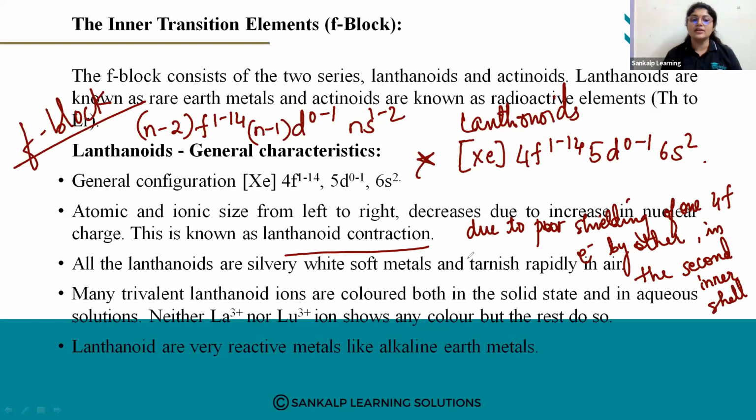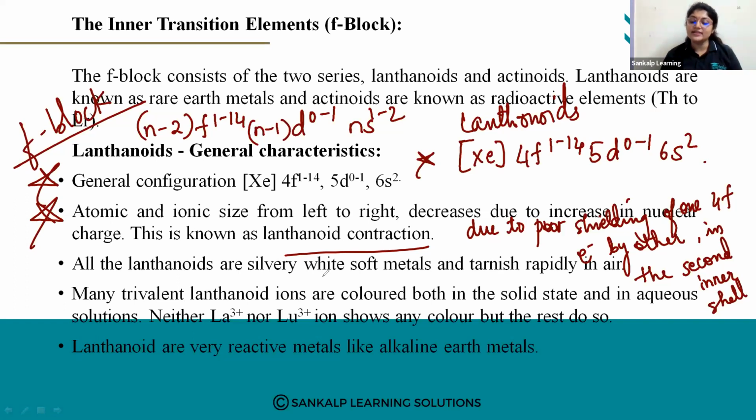So automatically, from atomic and ionic size, from left to right, it decreases gradually. This is the reason. These two points are very important. First, the general electronic configuration of lanthanoids, and the second one is the reason for lanthanide contraction. Then consequences of lanthanide contraction.